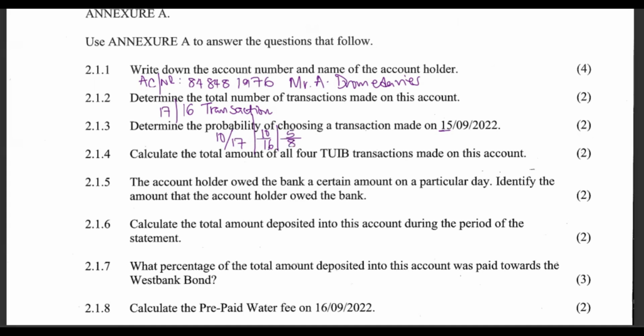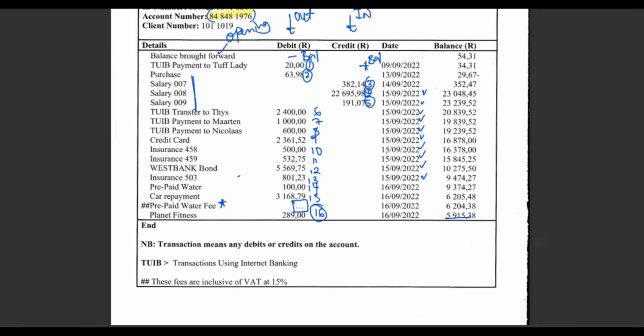Calculate the total amount of all the 4 TUIB transactions made on this account. What does TUIB transactions mean? TU, this is it, transactions using internet banking. So we have 1, 2, 3, and 4. So what are we going to do? We are going to add them.